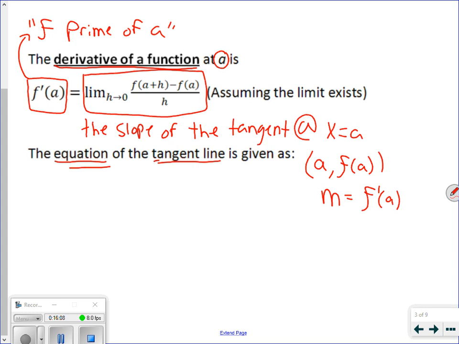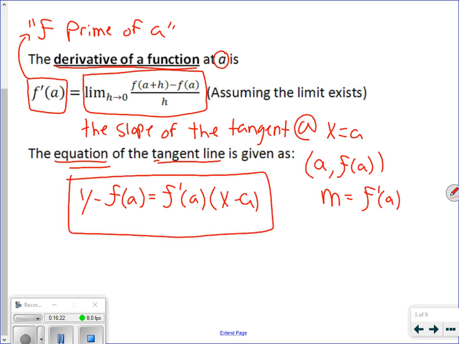So then our line is going to be y minus f of a equals f prime of a times x minus a, just the slope of a line in point slope form. I asked for the equation of the tangent line, and the AP exam asked for the equation of the tangent line so many times. They want to know the specific line tangent of the graph. So you just have to find the derivative in order to do that.